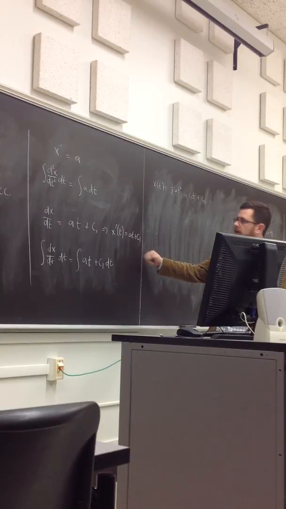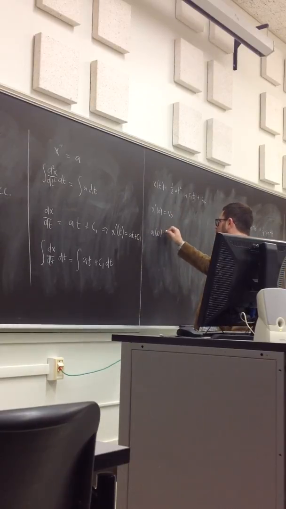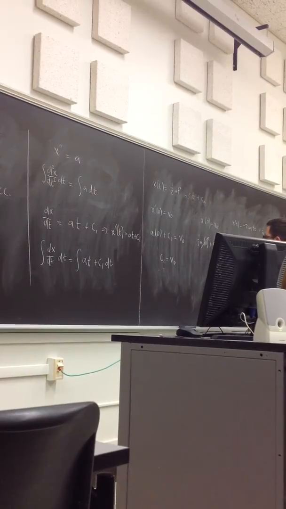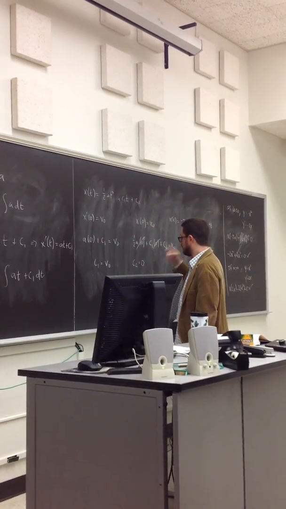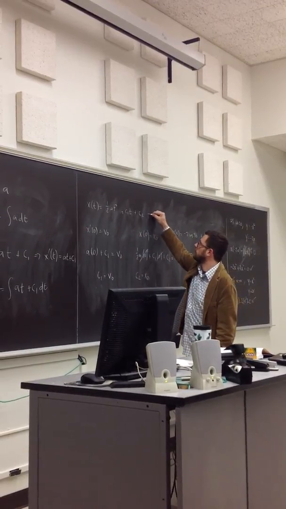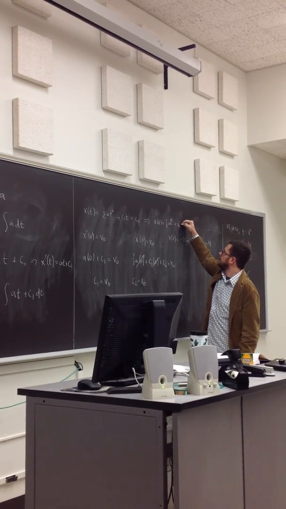Let's substitute into the derivative first. So we're calling the value of the velocity... Okay, so now we have values for the parameters, we substitute them into the general solution, we get x of t equals half a t squared plus 0 t plus x sub 0.